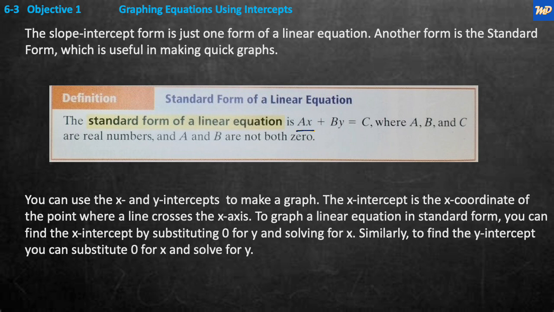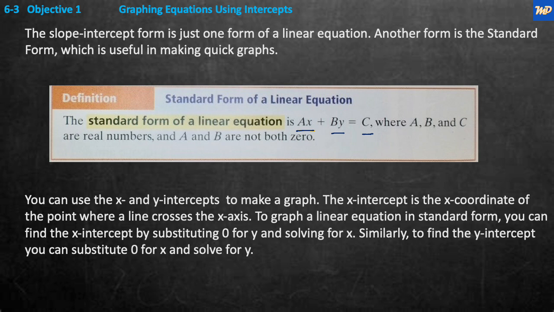ax plus by equals c, where a, b, and c are real numbers, and a and b are not both zero. One could be zero at a time, but they are not both zero at the same time. So you can use the x and y-intercepts to make a graph.